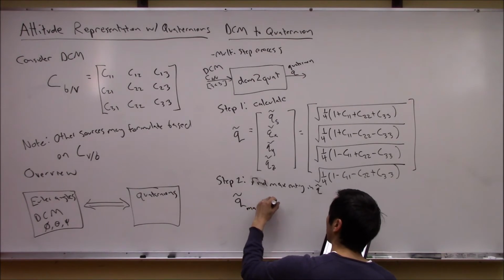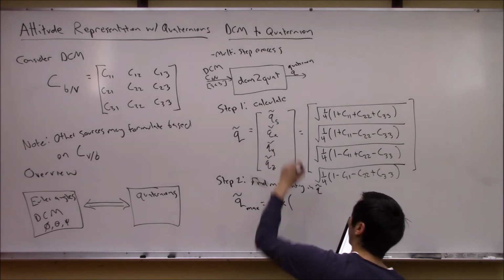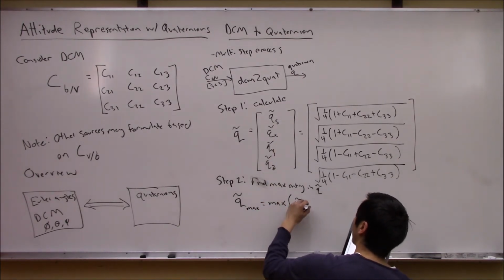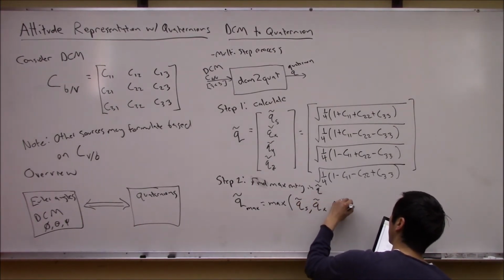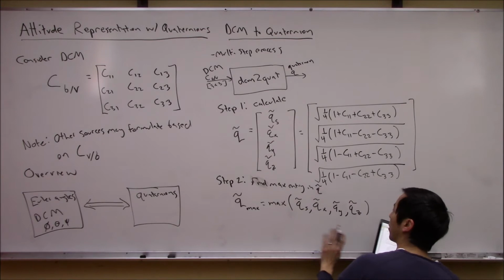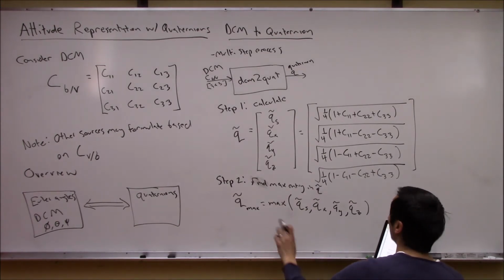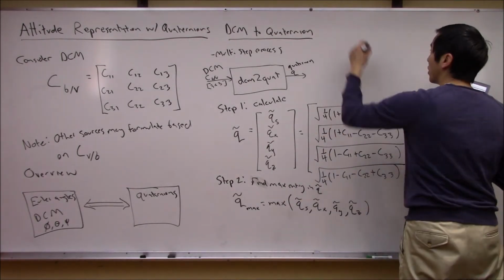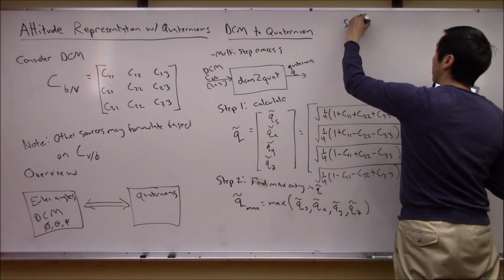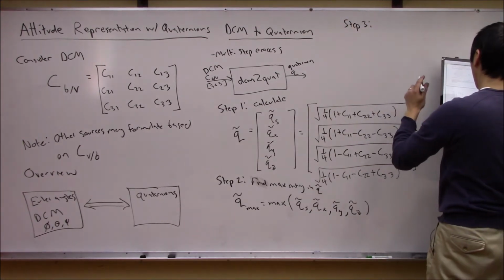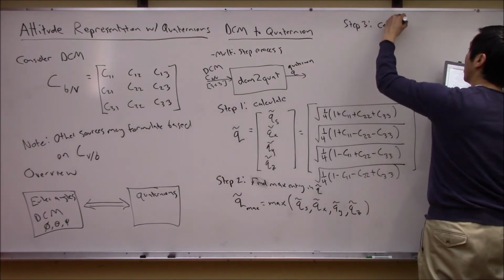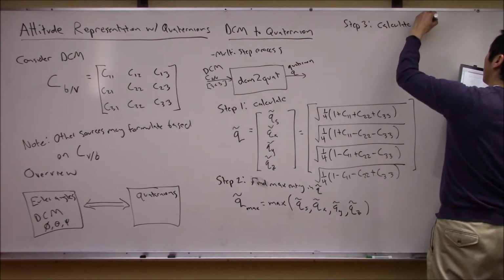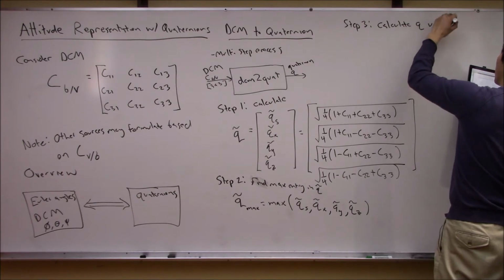All this does is look for the maximum value of these: which one of QS tilde, QX tilde, QY tilde, QZ tilde is the largest. Once you find that, in step 3 we are going to calculate the quaternion Q using the following table.